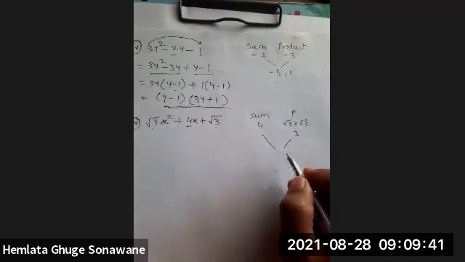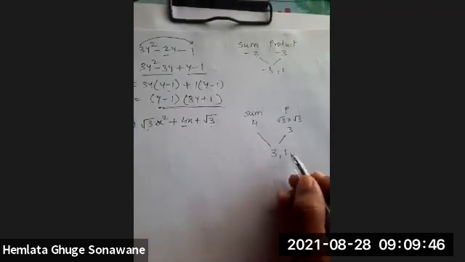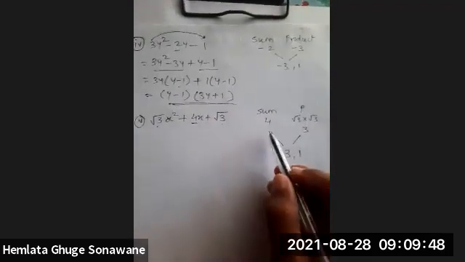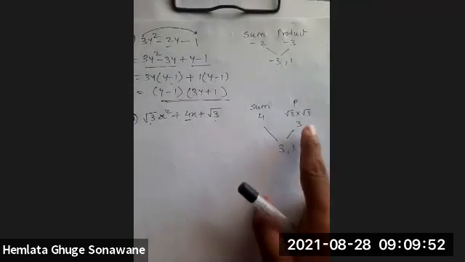Okay, so we'll take 3 ones are 3, plus 3 and plus 1. Its sum is 3 plus 1, which becomes 4, and 3 ones are 3.